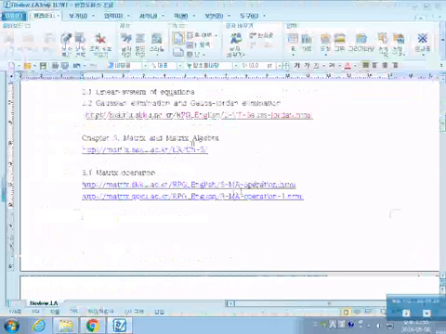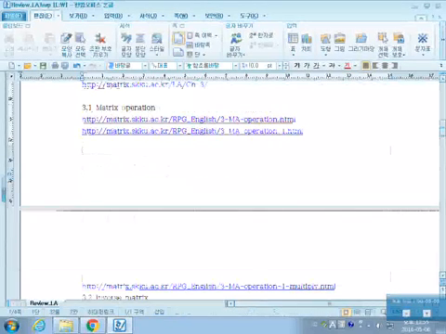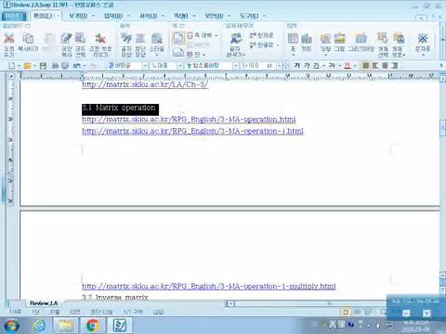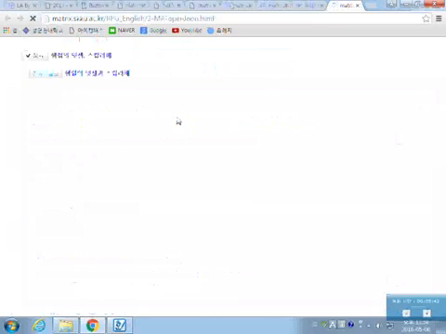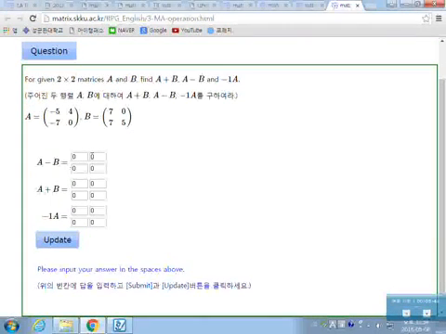So next one is chapter 3 about matrices and matrix algebra. Here, in 3.1 there are matrix operations, and first is just minus, plus, and the scalar product.